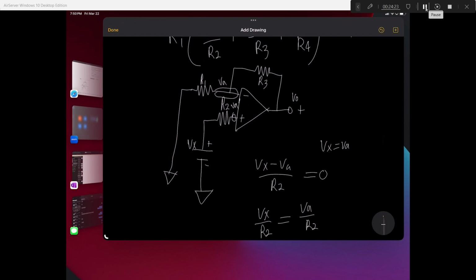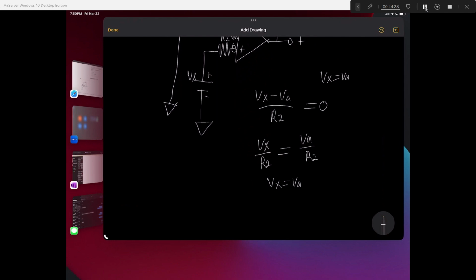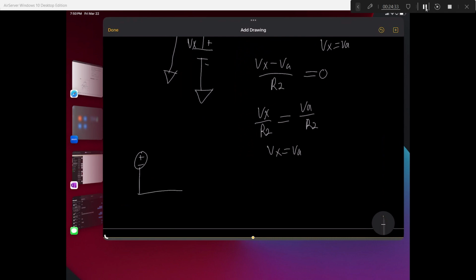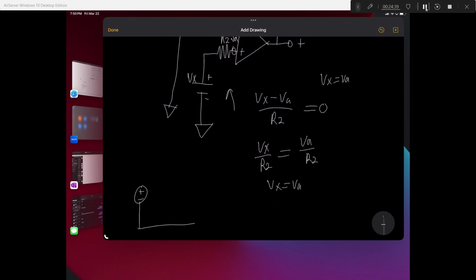Another one of the rules about op amps is, we're going to call this a power source, and this is going to be ground. We could rewrite this up here as something like this. This is an example. This is going to be V sub x. Well, this is a closed circuit.